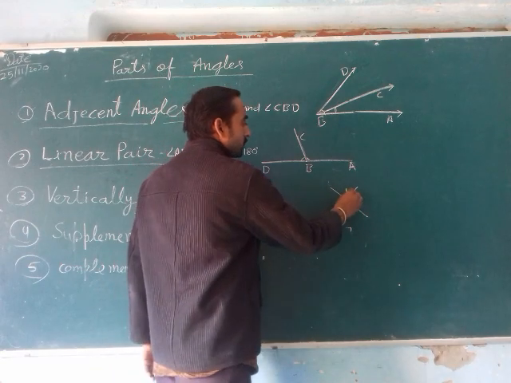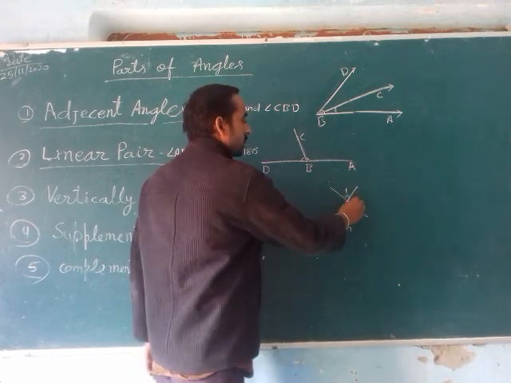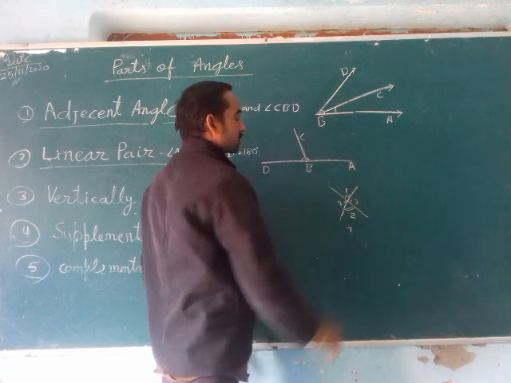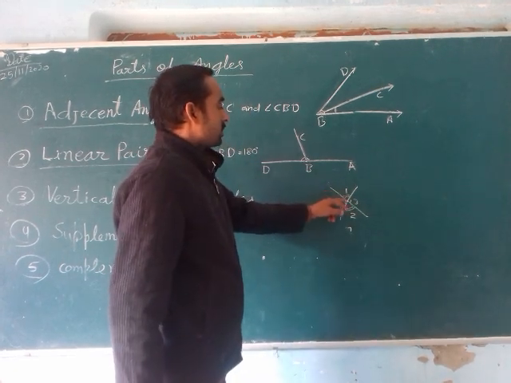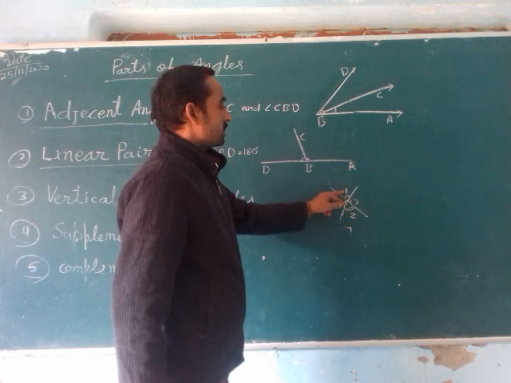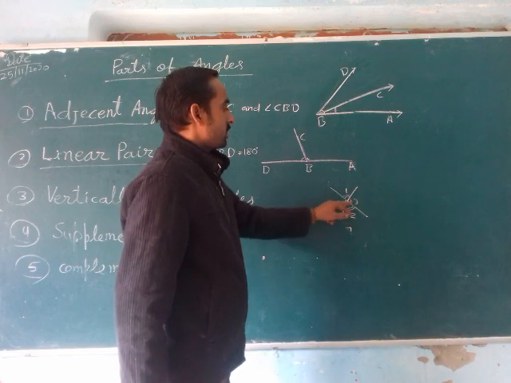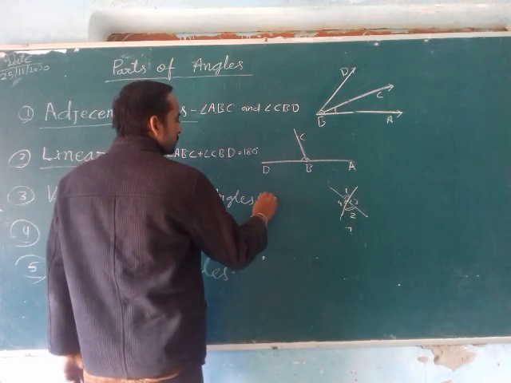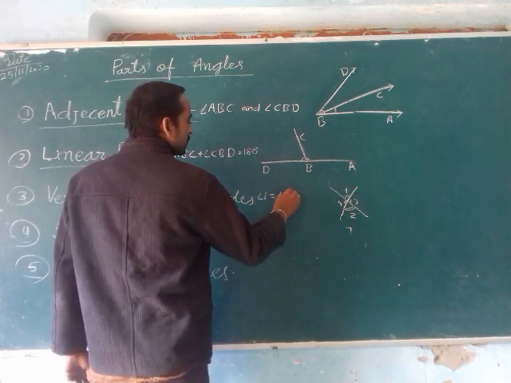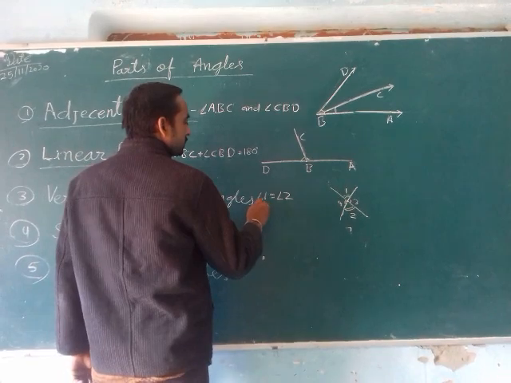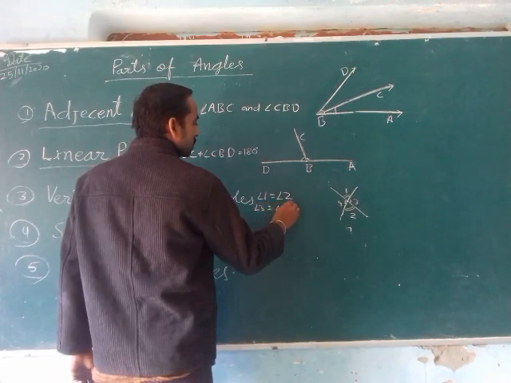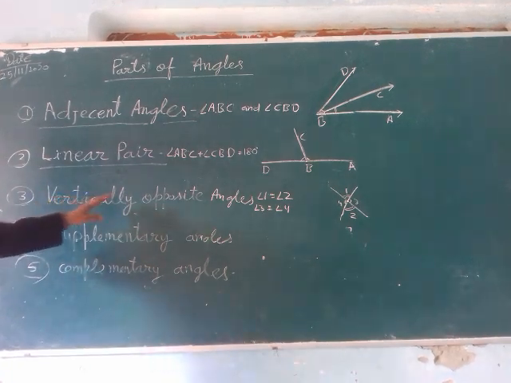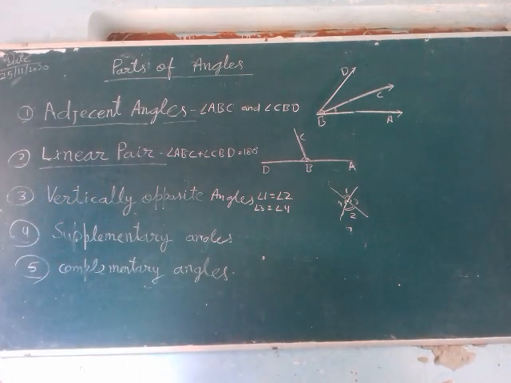Suppose this is angle 1 and angle 2 and this is angle 3 and angle 4. Because they are opposite in direction, angle 1 is equal to angle 2 and angle 3 is equal to angle 4. So we know that opposite angles remain equal.